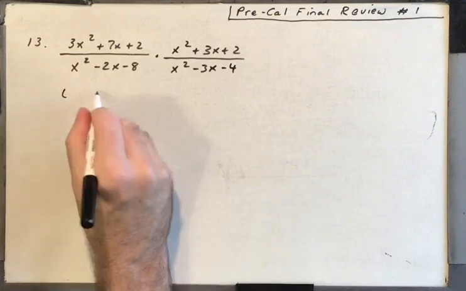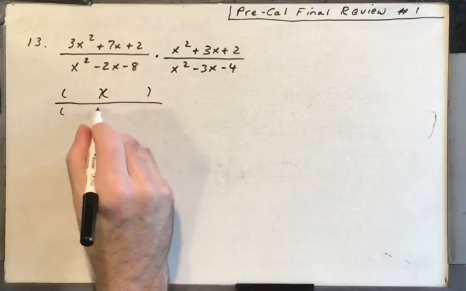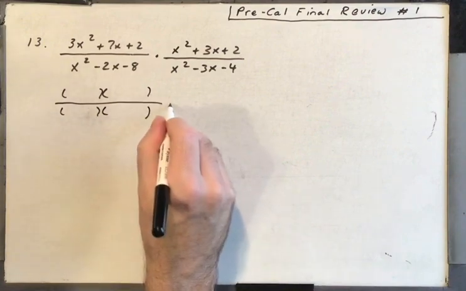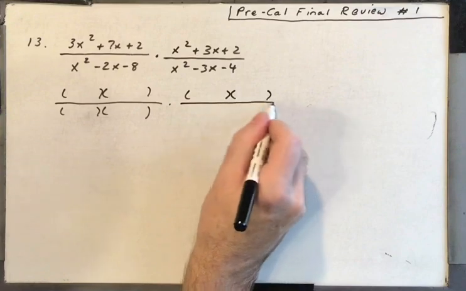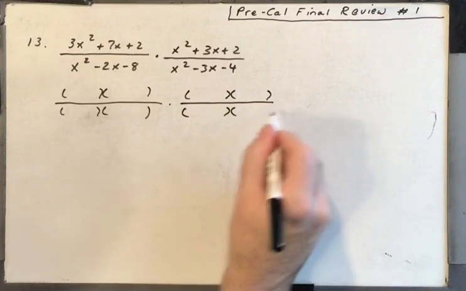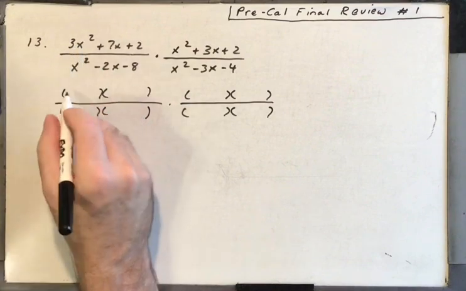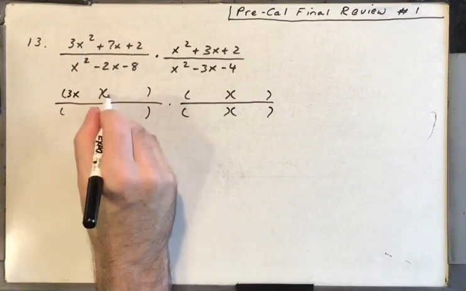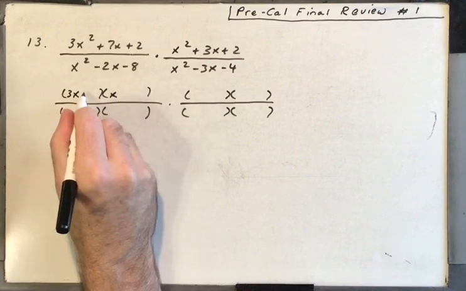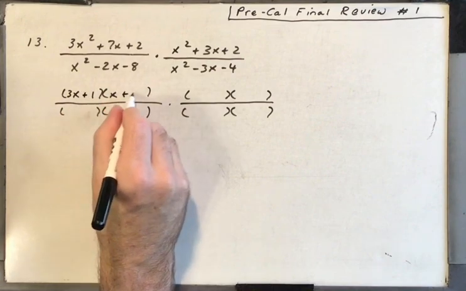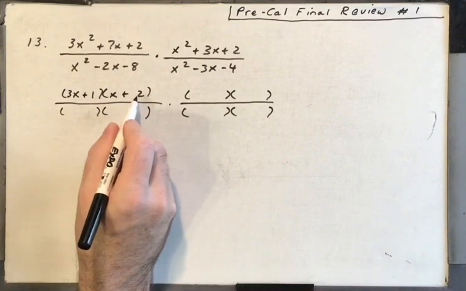Now we are going to factor. So let's draw parentheses to make ourselves feel accomplished. Okay, here we go. Let's see, I'm thinking a 3x and an x. All right, how about plus 1 plus 2? That'd give me 3x squared plus 7x plus 2. That would do it.